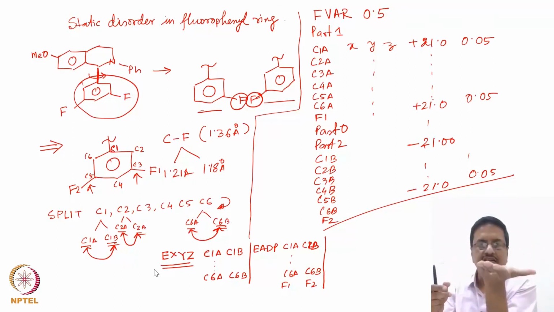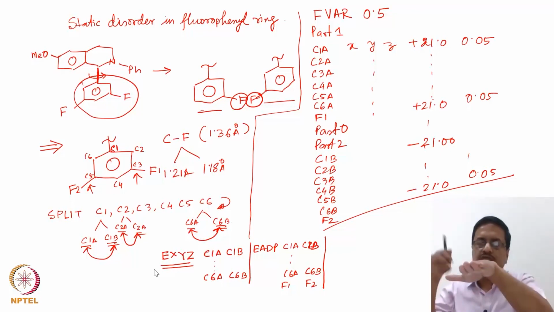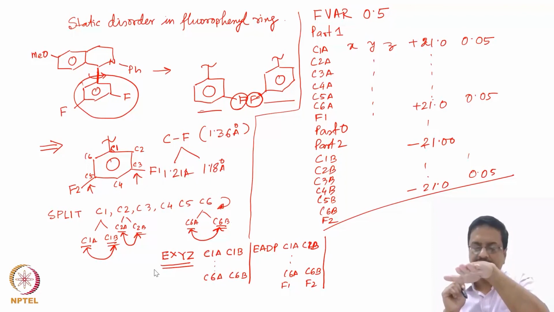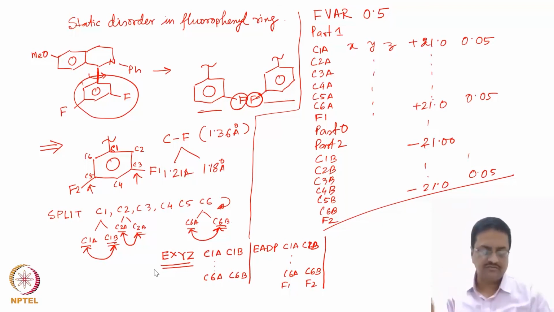So this rotation is allowed. We are assuming these carbon atoms which are on the plane of the paper, or in the rotational plane, are at EXYZ, meaning they are at the same point for each and every atom corresponding to those carbons.